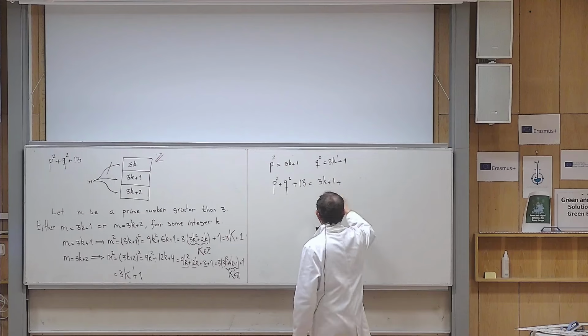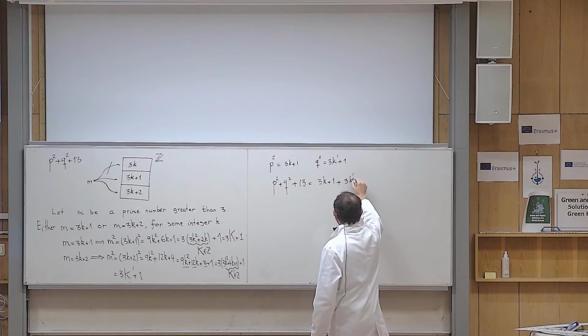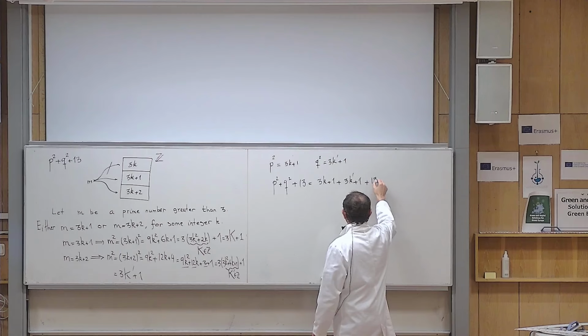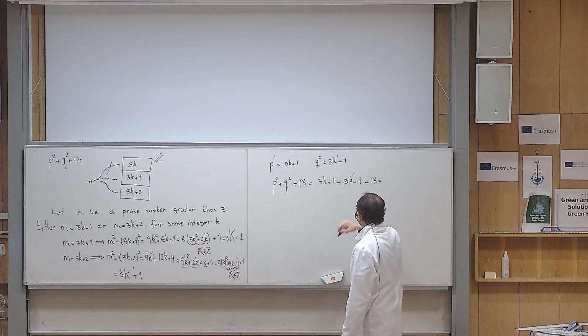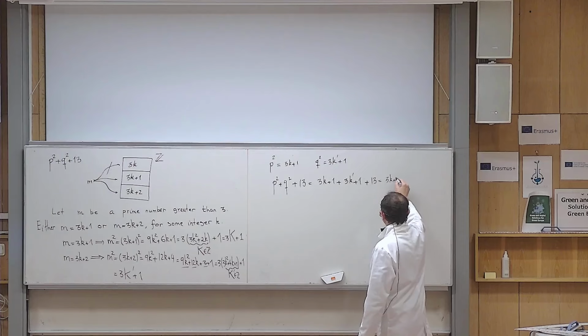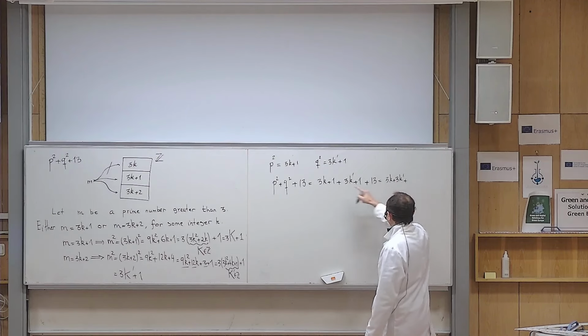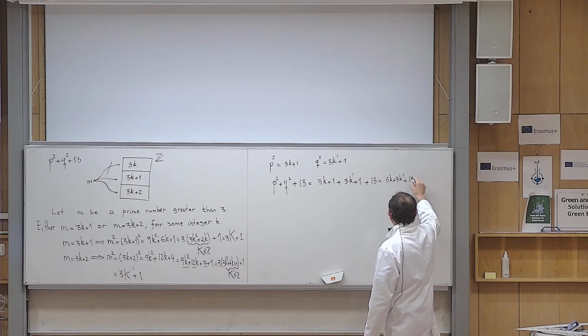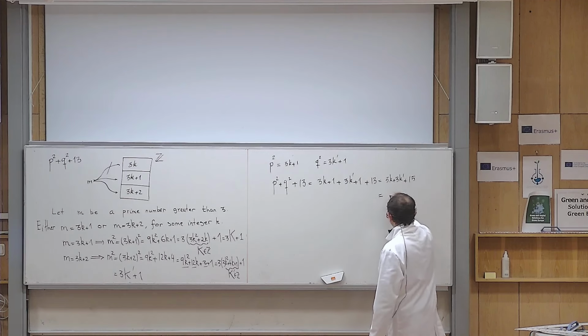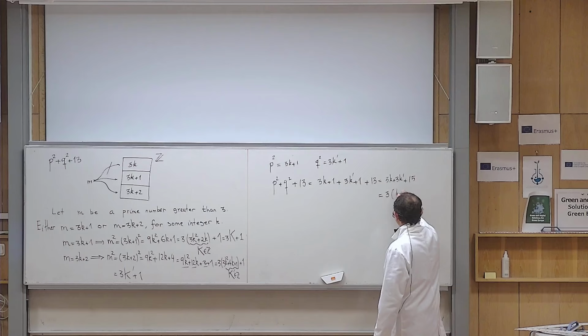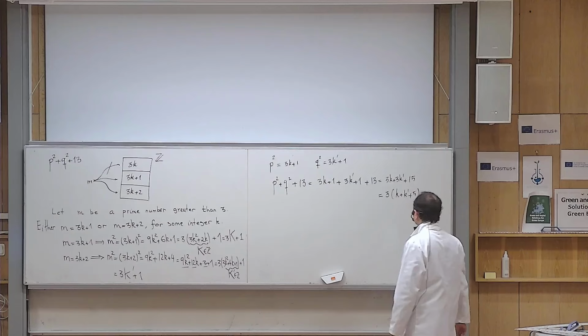Instead of Q squared, I put this. And then I have a 13 at the end. But what happens? It becomes 3k plus 3k prime, and then 1 plus 1 plus 13 is 15. And then I immediately realize that I can factor a 3 out. So it becomes 3 times (k plus k prime plus 5).